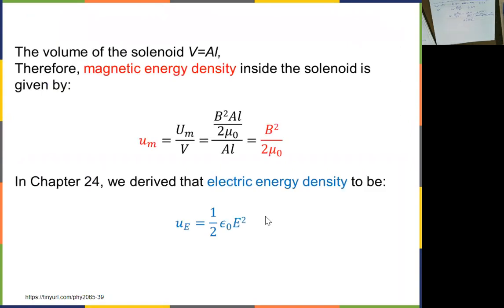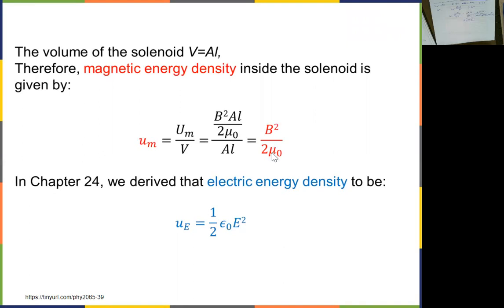So the equation we had for this capital U, the energy stored, is equal to this, right? And then if you divide it by volume, which means divided by A times L, you get rid of A times L. Energy divided by the volume gives you the energy density, which equals B squared divided by 2 mu naught.